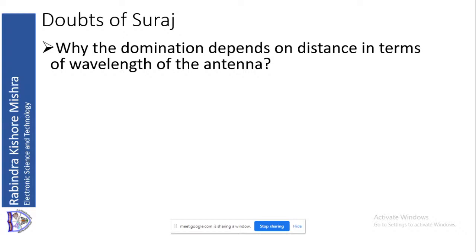But if we say after 2 lambda the far field starts, always it will be after 2 lambda. Therefore, we always represent them in terms of lambda or wavelength. That is the field demarcation in terms of wavelength. I hope this is also clear.